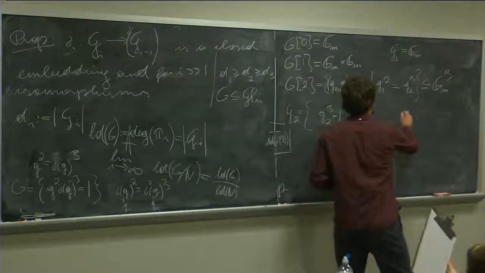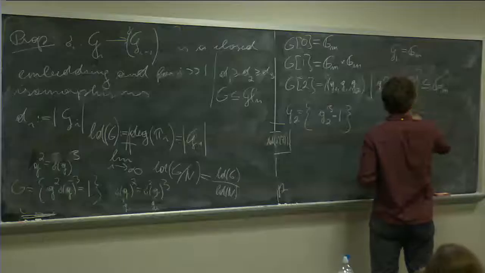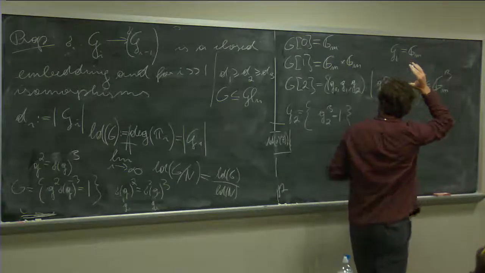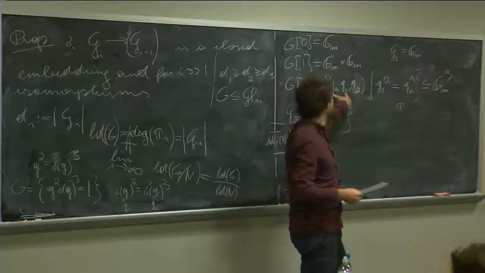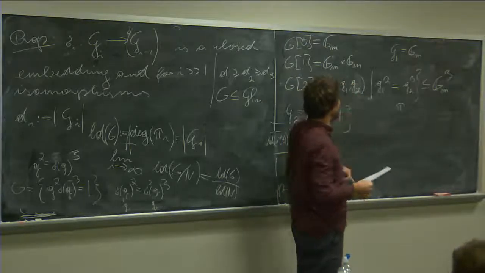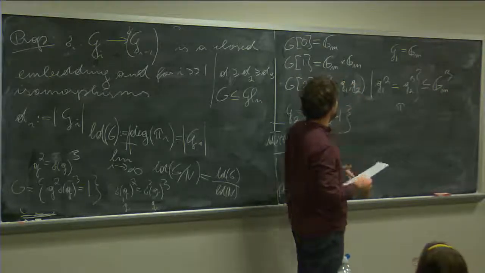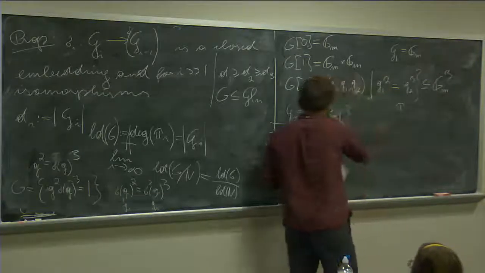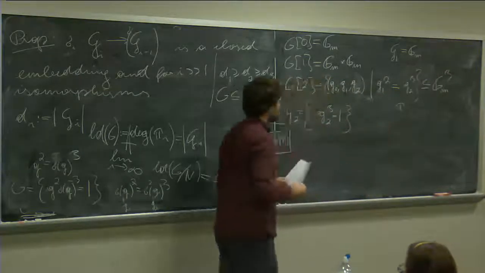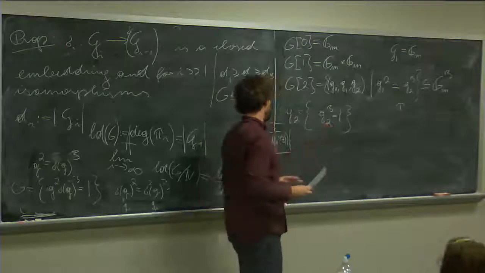What is pi_i is just a projection onto the first coordinates. So the kernel is if you just put a 1 here. Kernel means mapping to 1. So put the 1 here, put the 1 here, you get G2. Okay. All right.